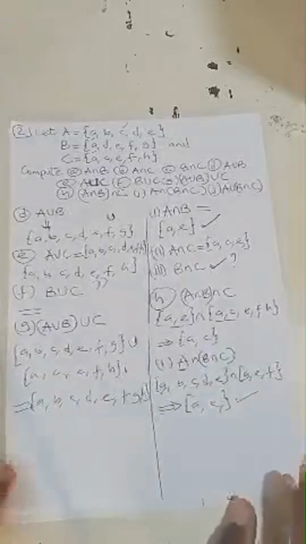So the last question here for question 2 is this one. J is A union B intersects C. We're going to list the elements of A. The elements of A, we have this.